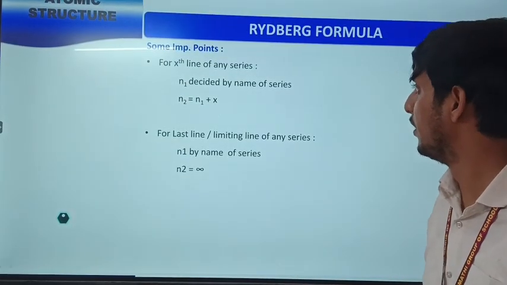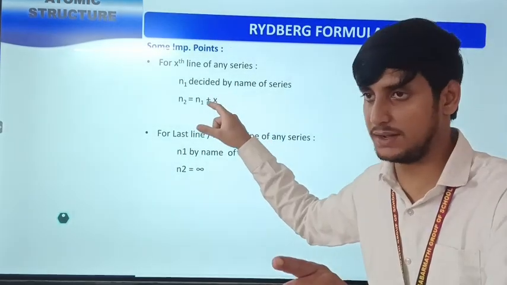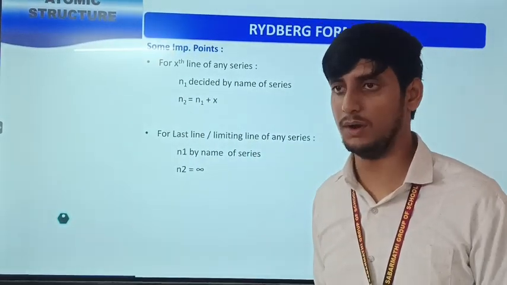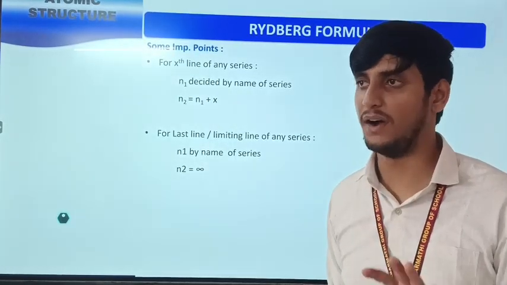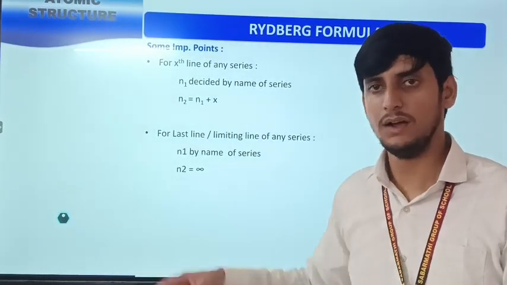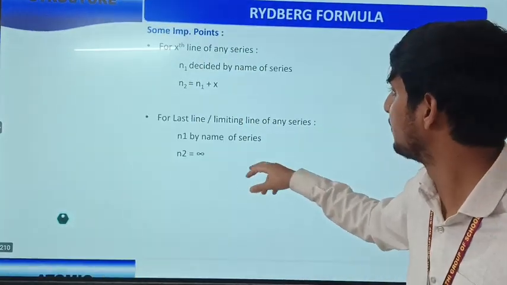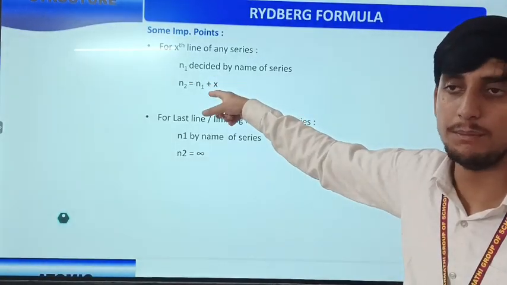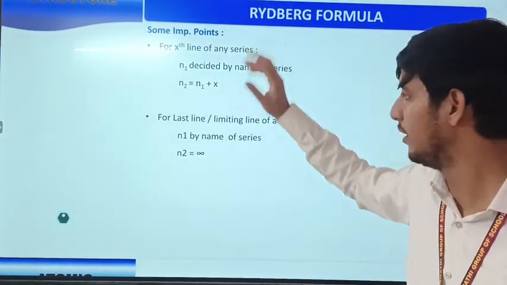Some important rules. For any line of any series, N1 is decided by the name of the series. Lyman series means N1 is 1, Pfund means N1 is 5. N1 is decided by the name of the series, and N2 is N1 plus X, where X means the number of the line.